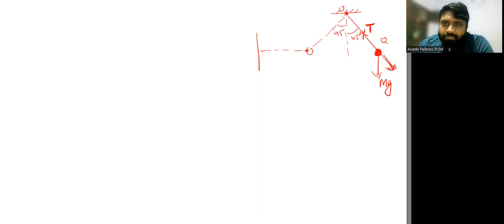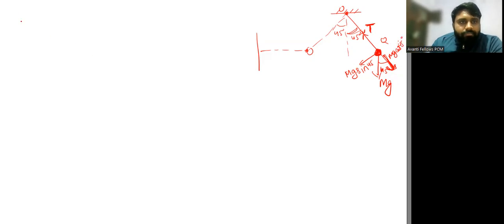If we divide this mg into two components, this angle is 45 from the normal, so this angle will also be 45. So we have two components, mg sine 45 and mg cos 45.